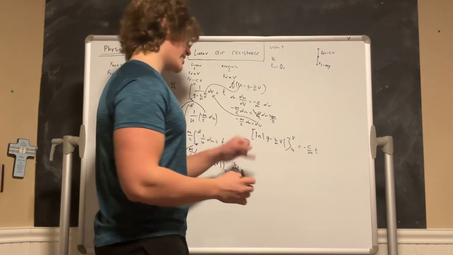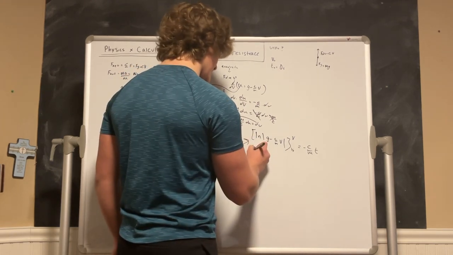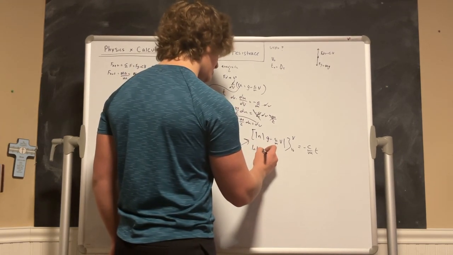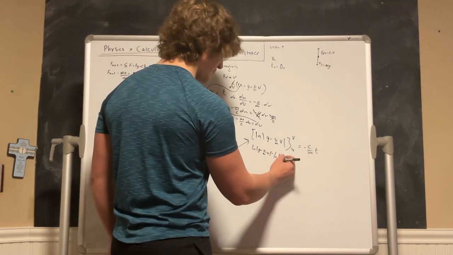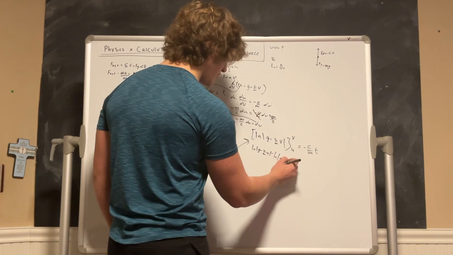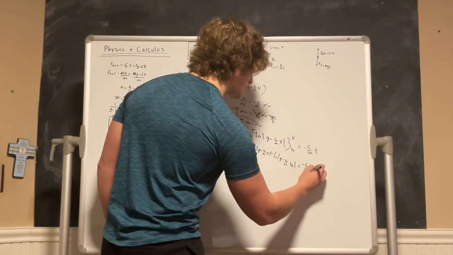So now let's plug in our v and v sub 0. This gives us the ln of the absolute value of g minus c over m v, minus the ln of the absolute value of g minus c over m times v sub 0, is equal to negative c over m times t.